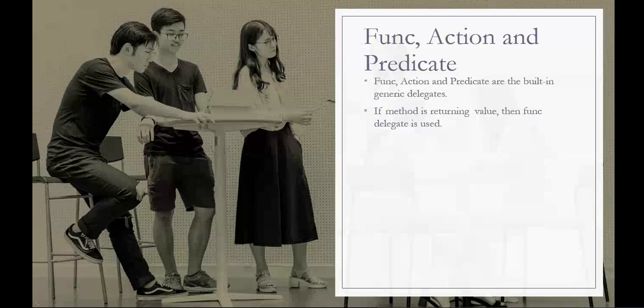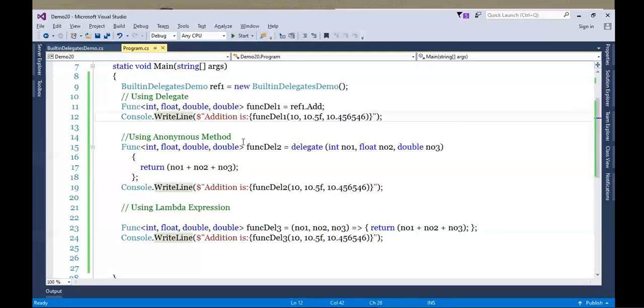Okay. Now second option is action delegate. Now when to use action delegate? Your method is taking arguments but not returning any value. Okay. So there is no restriction given on parameters again, but what is the compulsion? Your method will not return any value, right? So let's work on this now.